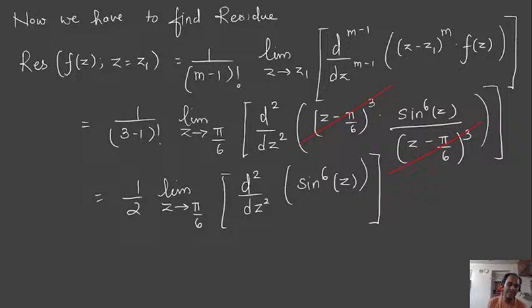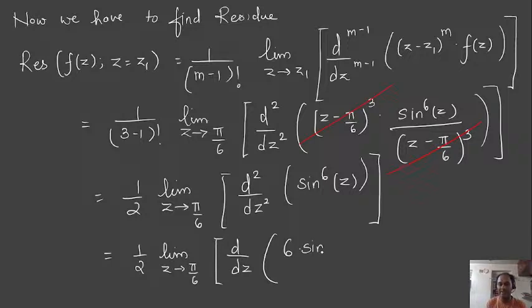First do the first derivative of sine raised to 6z. The first derivative is going to be 1 by 2, limit z tending to pi by 6, d by dz gives 6 into sine raised to 5z into cos z.